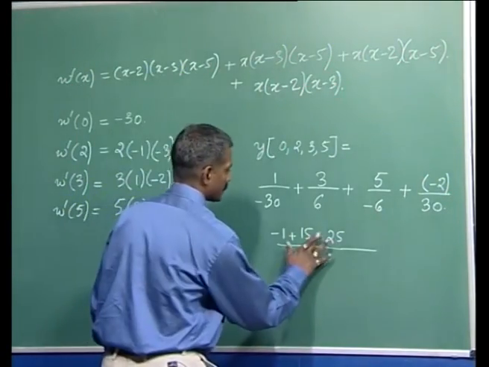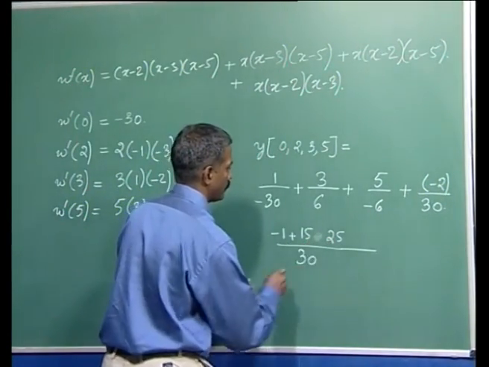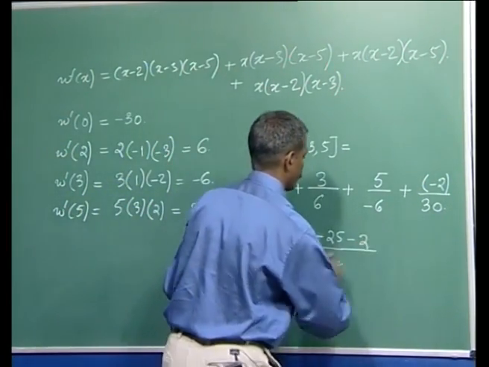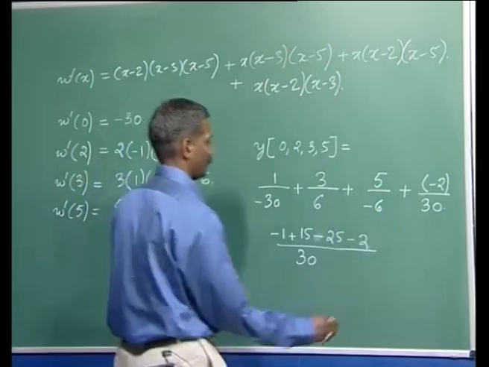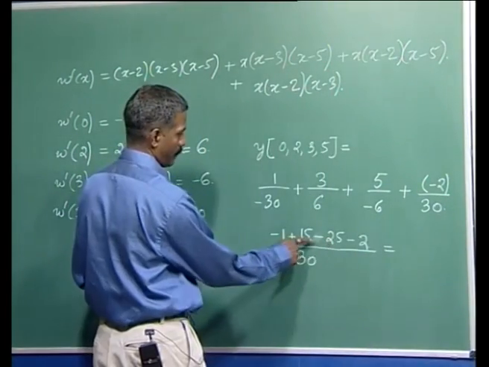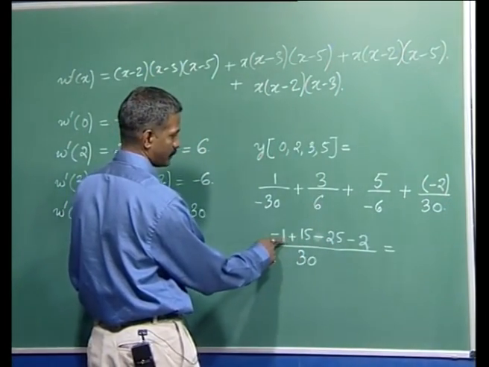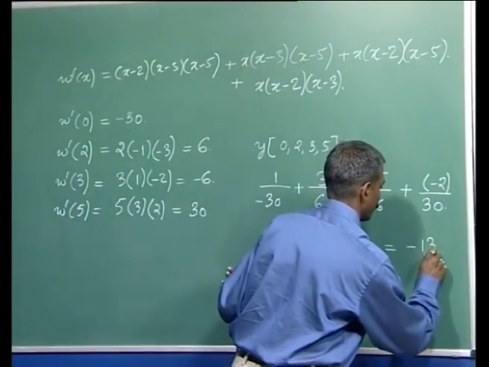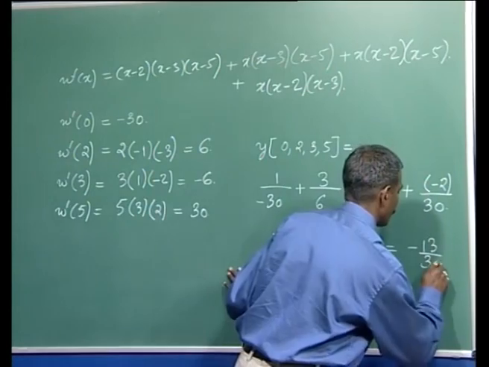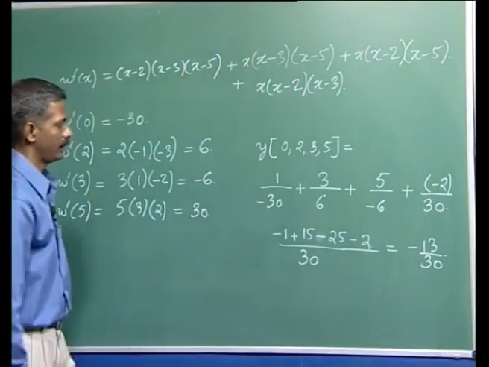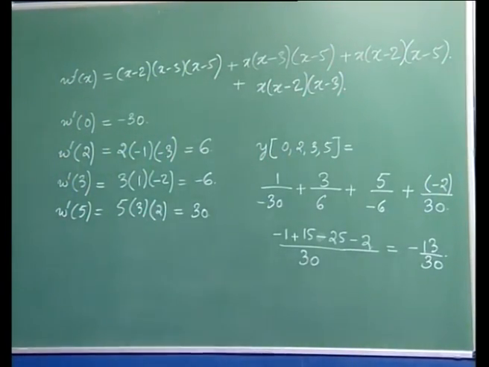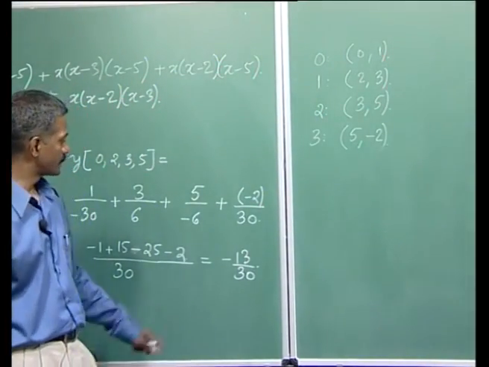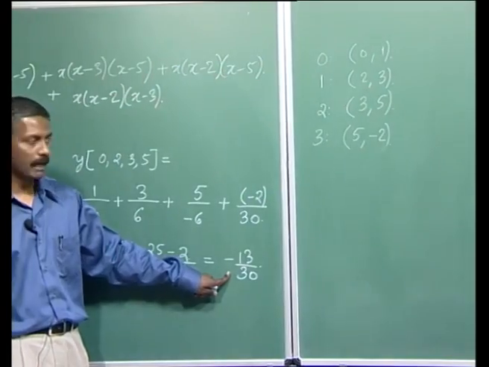I think I'll have a minus sign here. Minus 2. This is equal to minus 10, minus 11, minus 13. Minus 13 over 30.